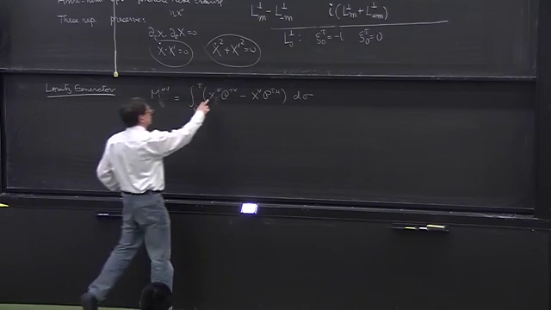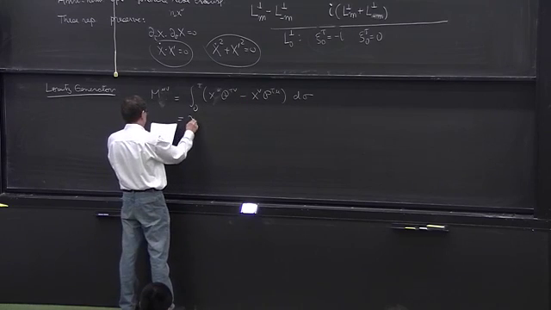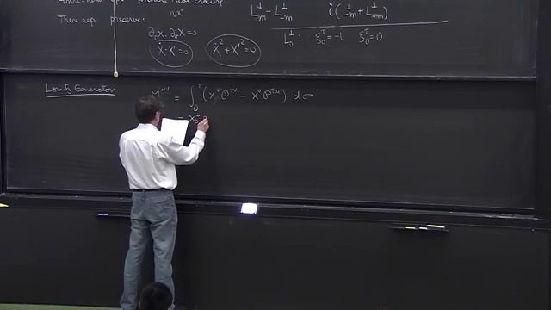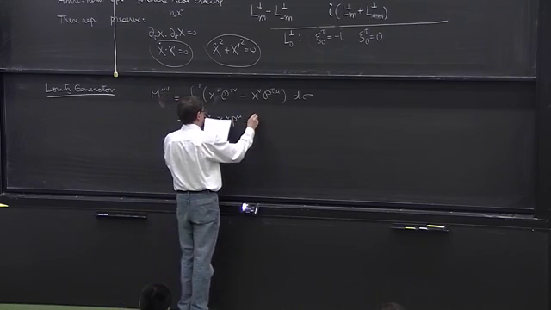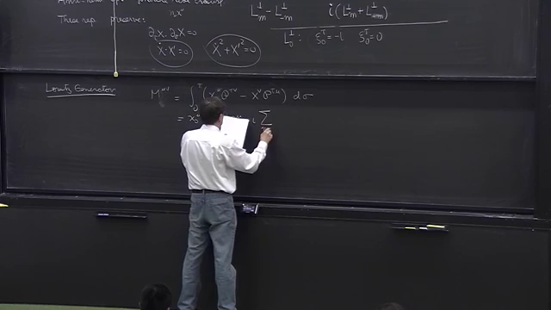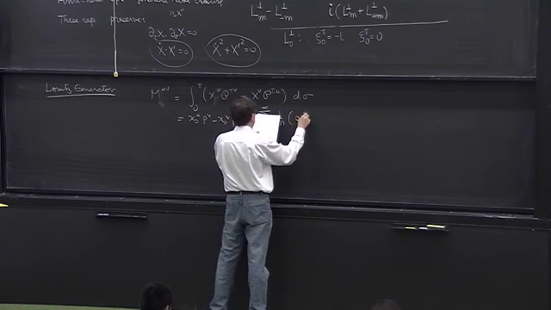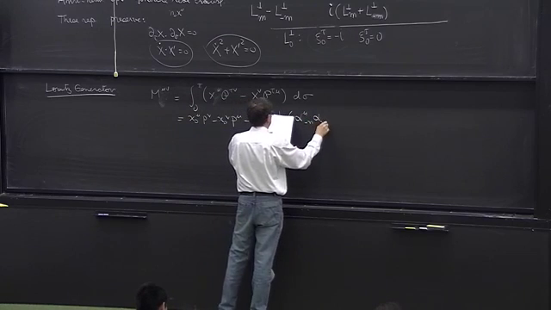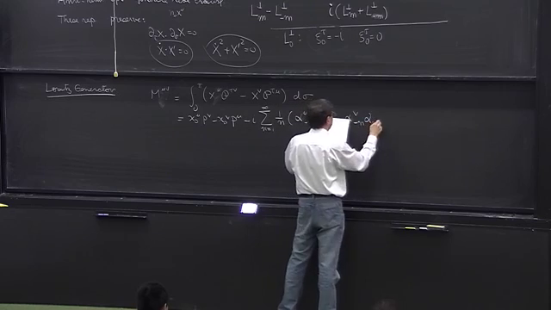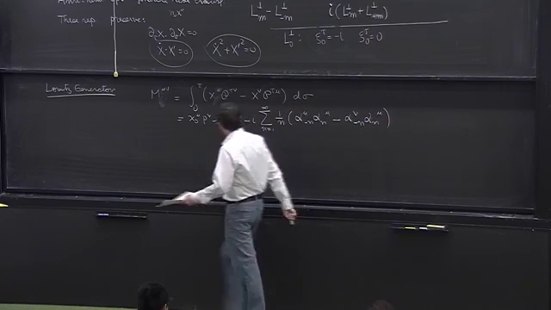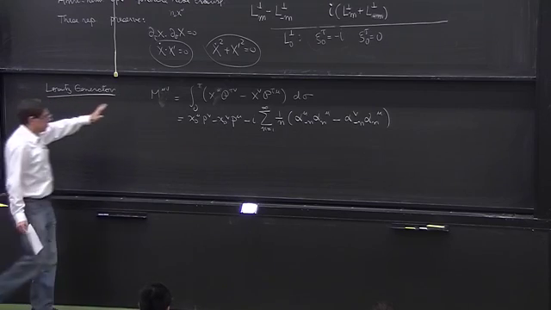We have the oscillator expansions for the coordinates, and we can write a formula. It will take this form: x0^μ p^ν − x0^ν p^μ − i times the sum from n equals 1 to infinity of 1 over n, (α^μ_{-n} α^ν_n − α^ν_{-n} α^μ_n).